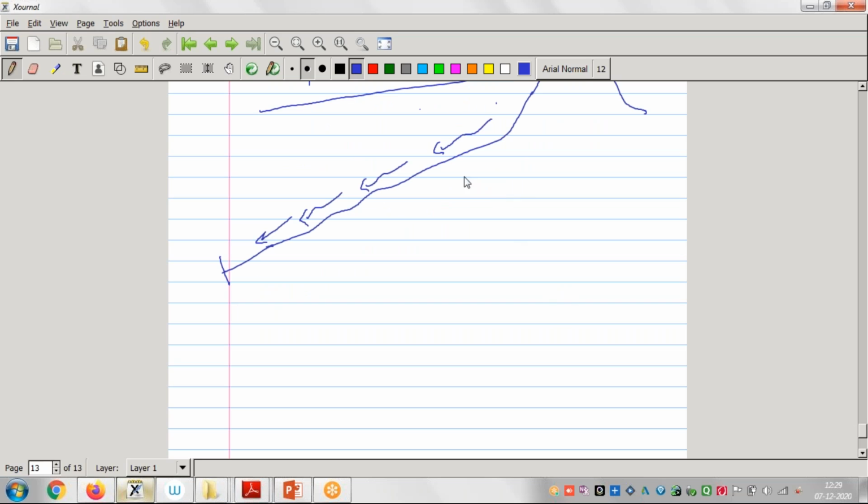If we see the background of this, if I see this whole section, if I take one section here, I take another section here, right? And if there is a datum line, some datum line is here, right?